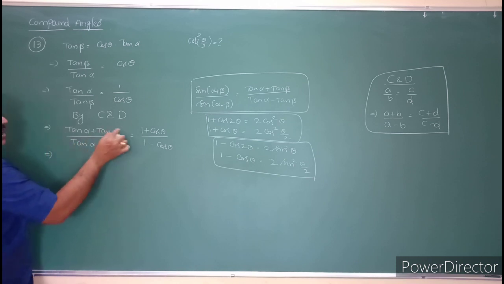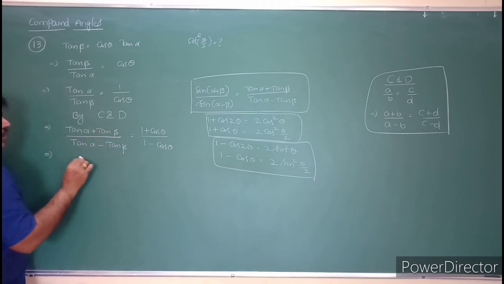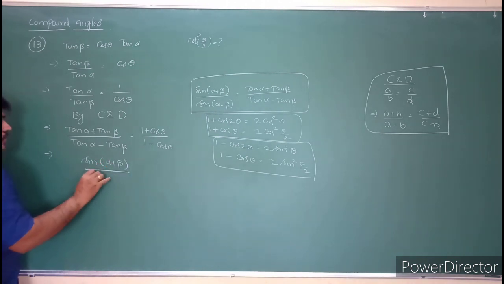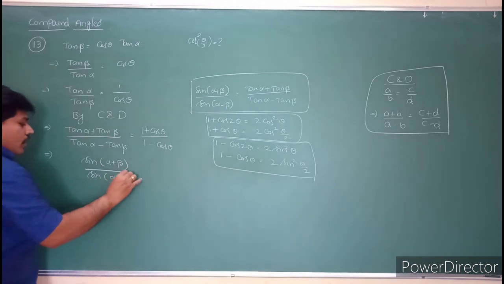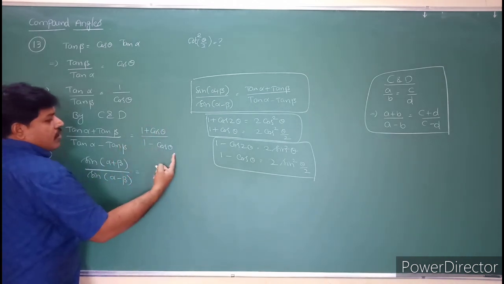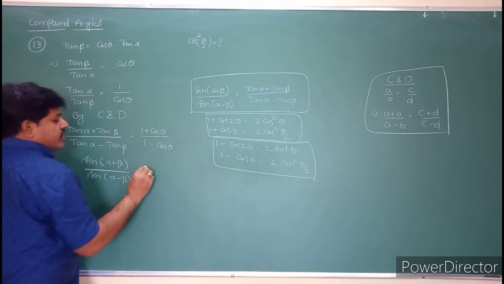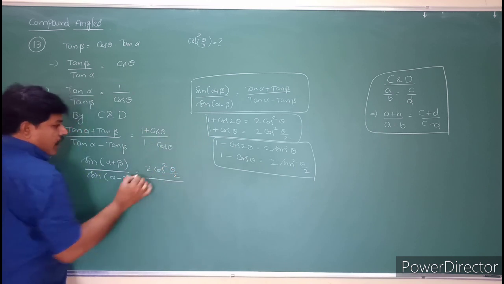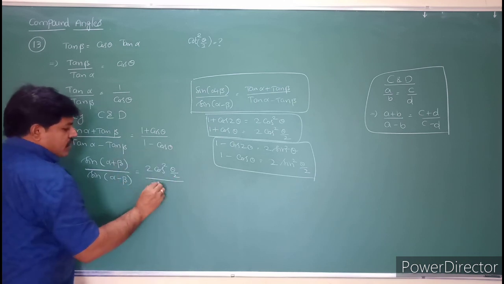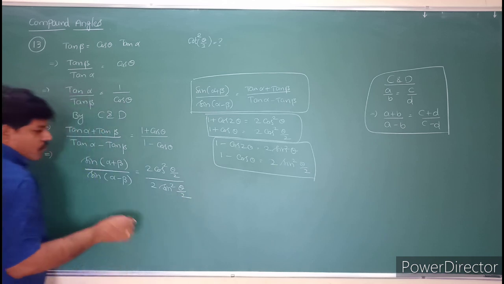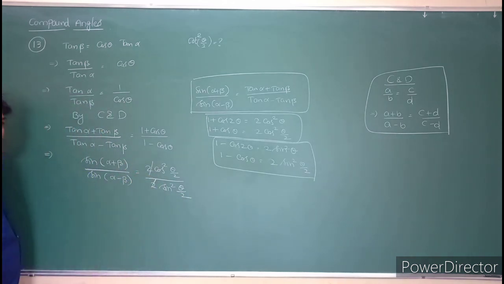So tan alpha plus tan beta by tan alpha minus tan beta will become sin of (alpha plus beta) by sin of (alpha minus beta) is equal to (1 plus cos theta) by (1 minus cos theta). 1 plus cos theta value is 2 cos square theta by 2, and 1 minus cos theta is nothing but 2 sin square theta by 2. So what happens, students? 2 will be cancelled.